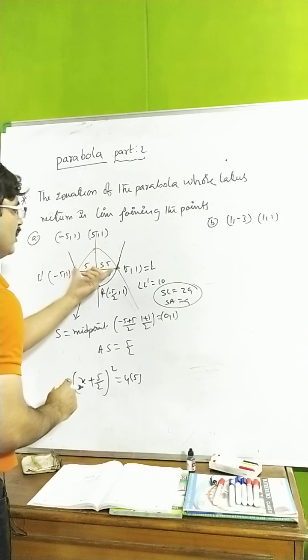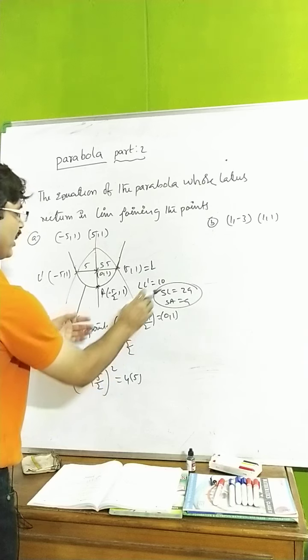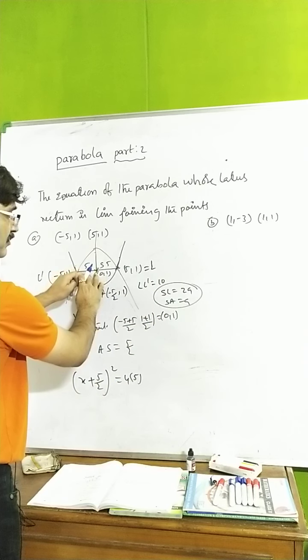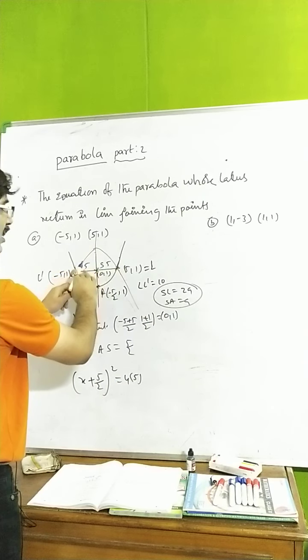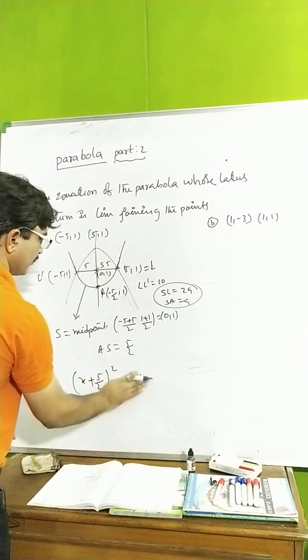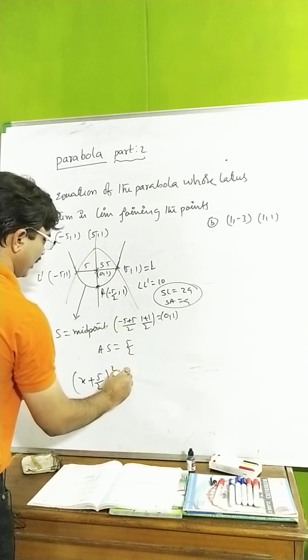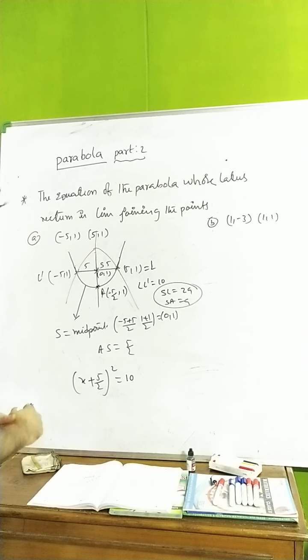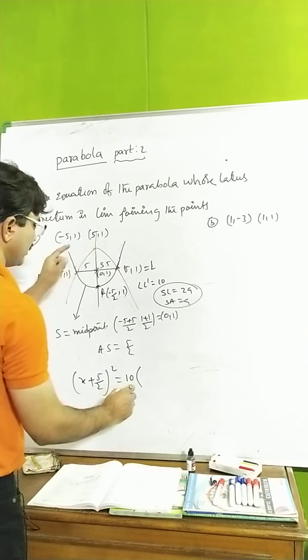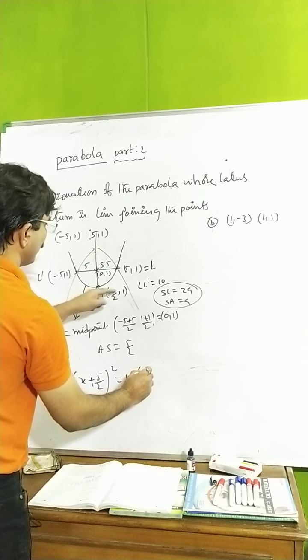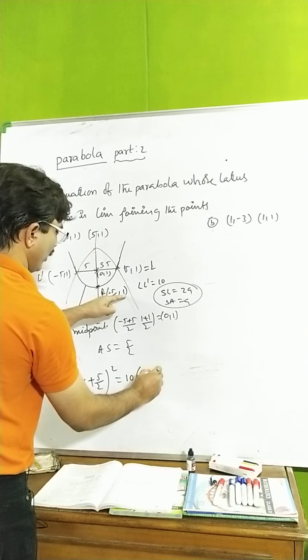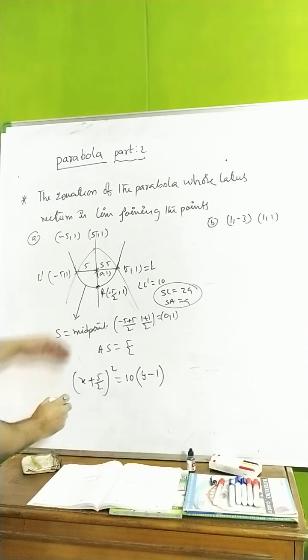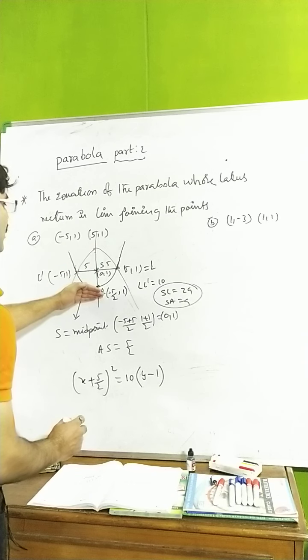The length of the latus rectum here is 4a, and LL dash is 10, we know very well. And the next one is y minus 1 we are supposed to write, 1 unit coming down.